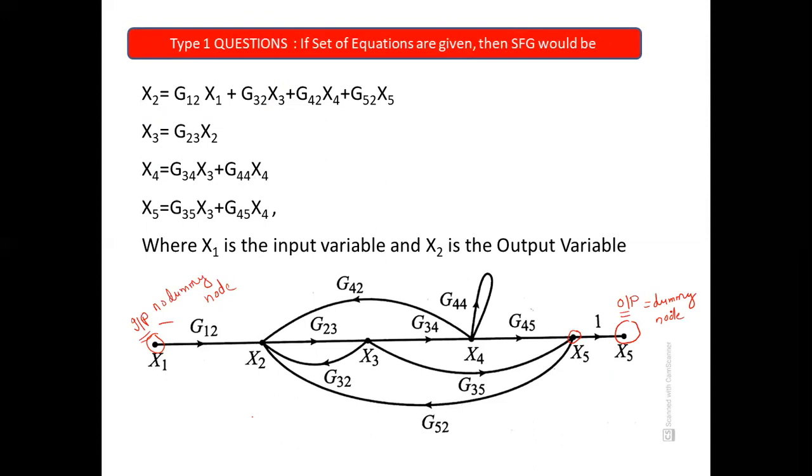When you get a complete idea of SFG, you can skip this dummy node. There are 5 nodes, and you have to consider those 5 nodes, and you can draw the SFG out of them.